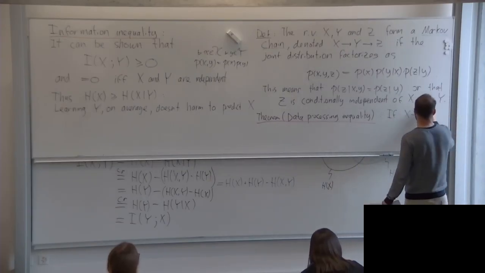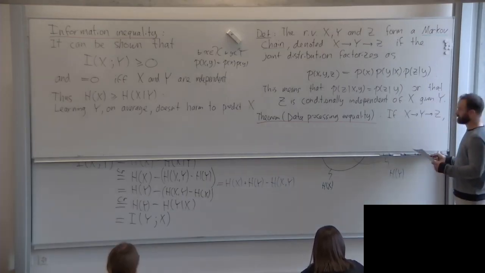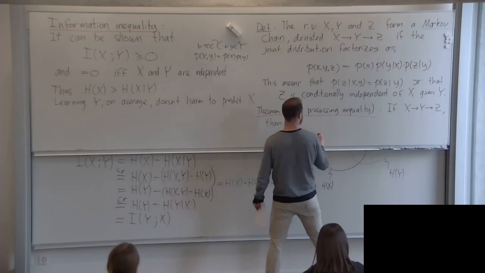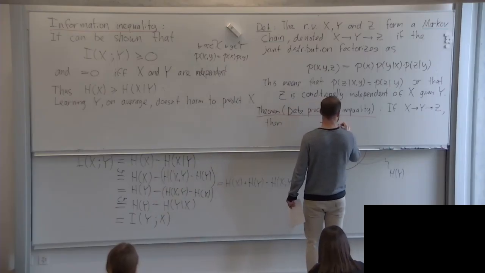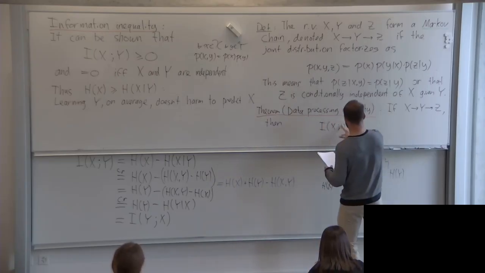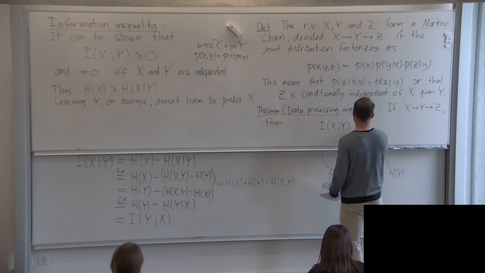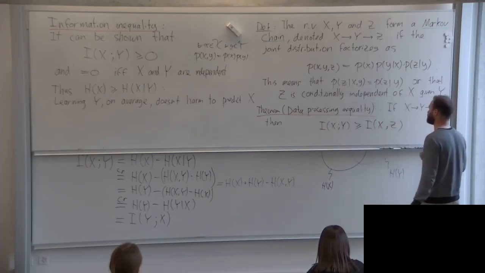If x arrow y arrow z, then the mutual information between x and y, sorry, I'm going to be consistent with my notes, is larger or equal to the mutual information between x and z.